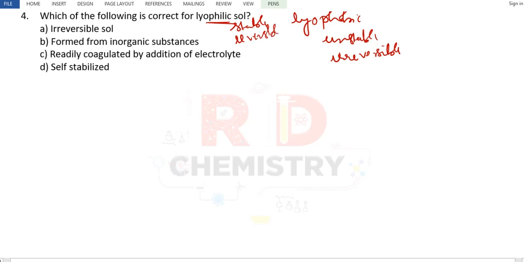They can be coagulated and reversed to the original sol. Now read all the options and tell me the option number. So question number 4, what is the answer? Answer is option number D. They are self-stabilized. Okay, right?